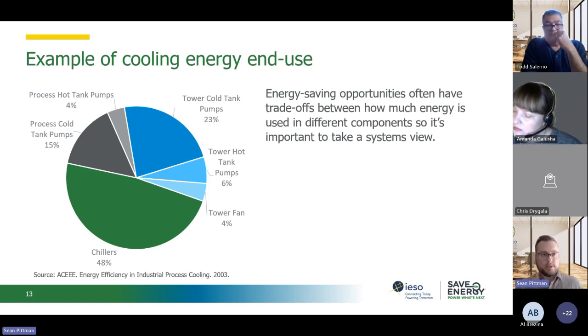So while we concentrate a lot on chillers, it's very important to incorporate these other pieces, because if you do something to the chiller that causes one of these other components to work harder, you eat into whatever savings you achieved on that chiller. There are always these knock-on effects that we need to understand, and when you're collecting your data, you need to keep that in mind.